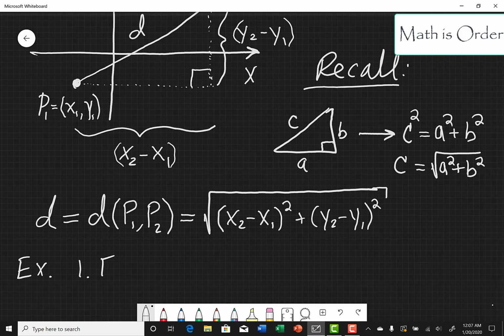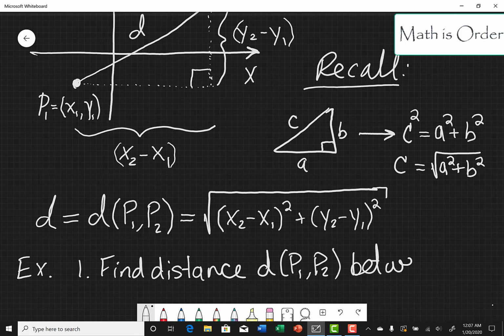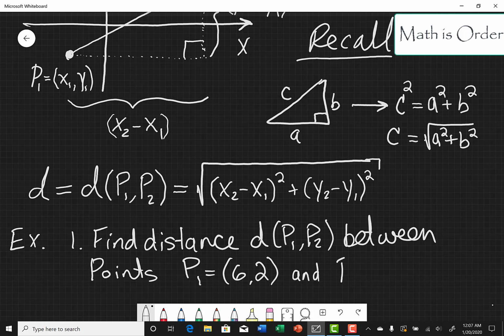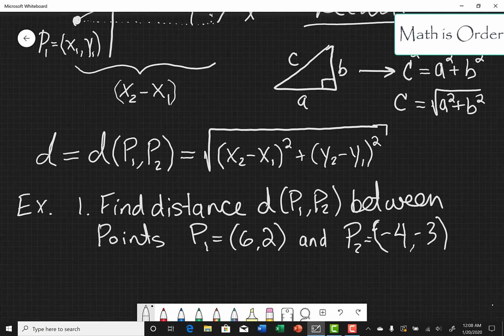Suppose we've got to find the distance between points, say P1 at 6, 2 and P2 at say -4, -3. Right?